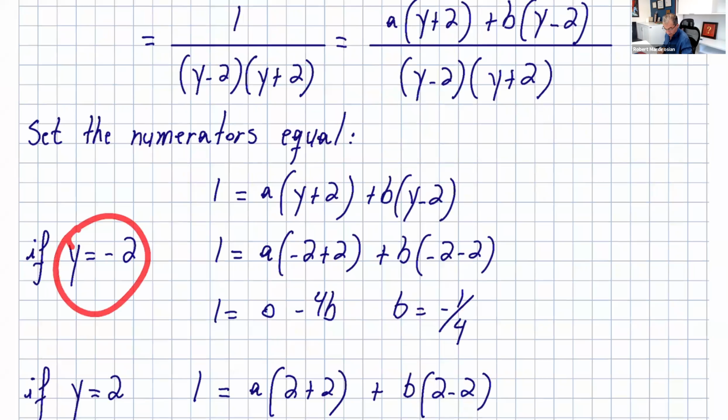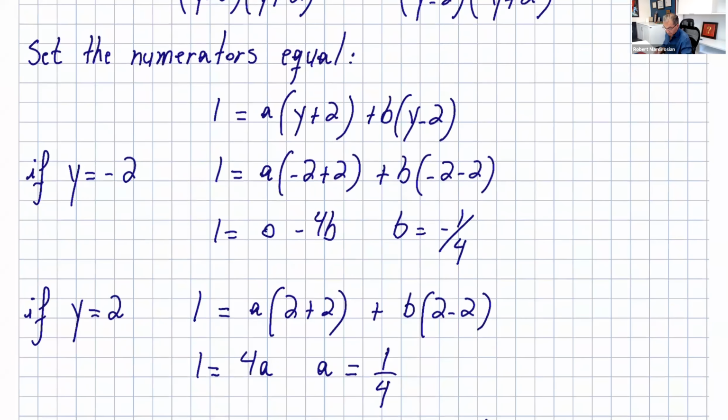If you set y equals -2, then what you get is 1 equals a times -2 plus 2 plus b times -2 minus 2. And this is just 0. So you get 1 equals -4b. You can just isolate b, which is -1 over 4. If you set y equal to 2, then 2 minus 2 becomes 0 in this case.